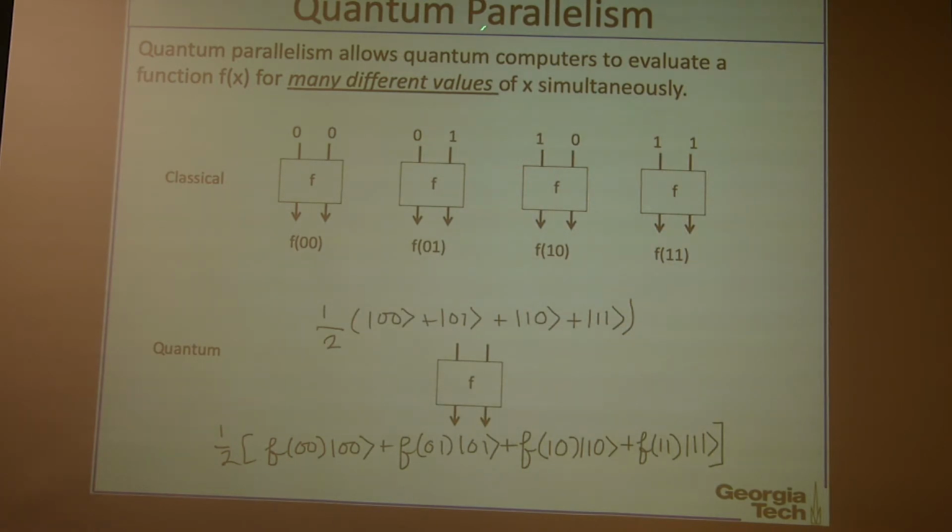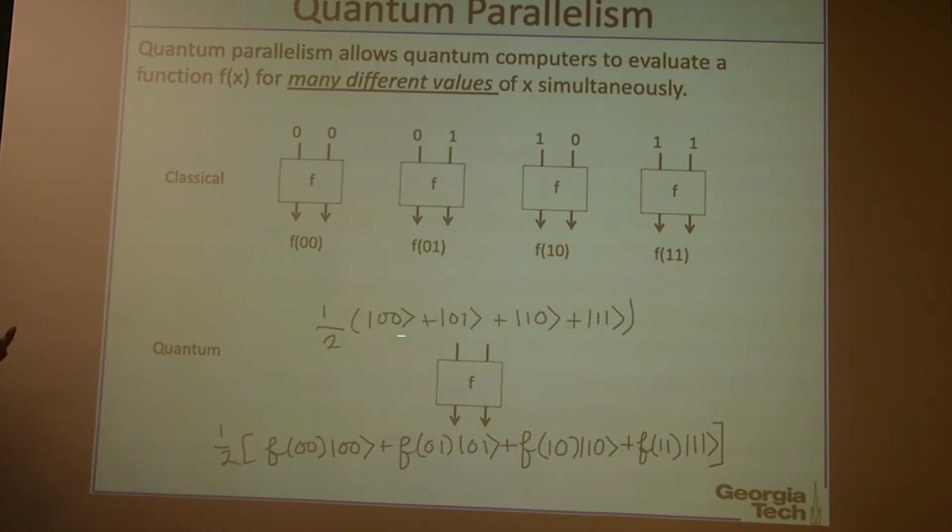Quantum parallelism is not the only reason why quantum algorithms give you certain advantages, but this is one of the reasons. And you can think about it like this. We have already seen in the last slide that you can create a superposition of states, meaning that one bit can be both up and down at the same time with certain probability.